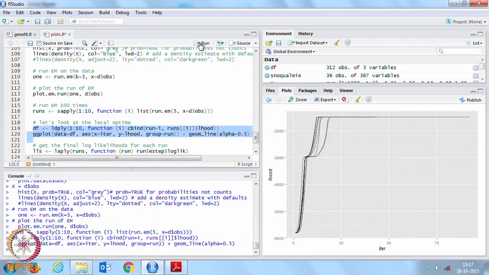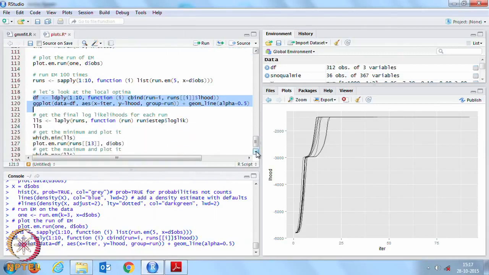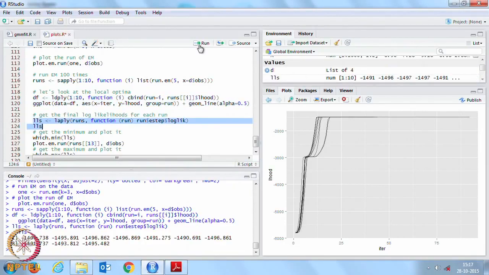In each iteration the likelihood keeps increasing until it reaches a point and remains steady there. So, this is a property of the EM algorithm which we will prove on Friday, that the likelihood always increases during the iterations.